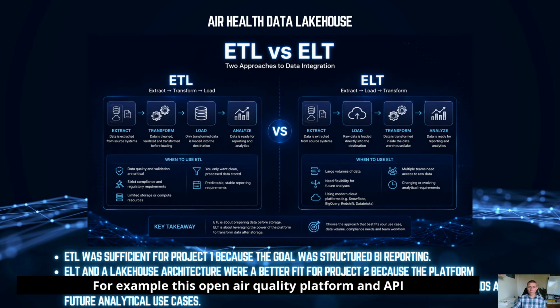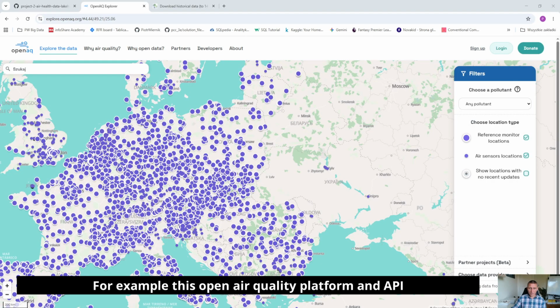For example, this Open Air Quality platform and API aggregates data from thousands of air quality monitoring stations worldwide and processes millions of measurements per day.